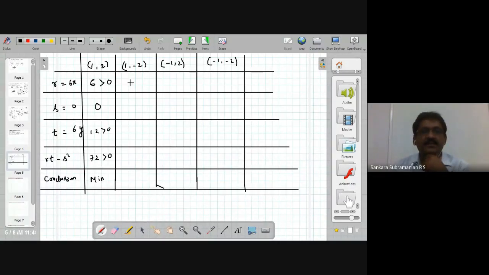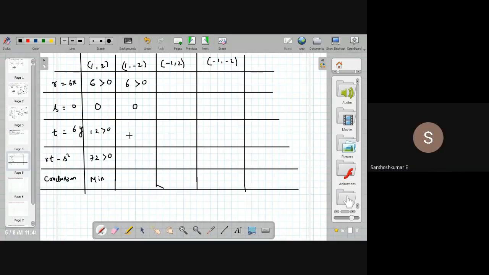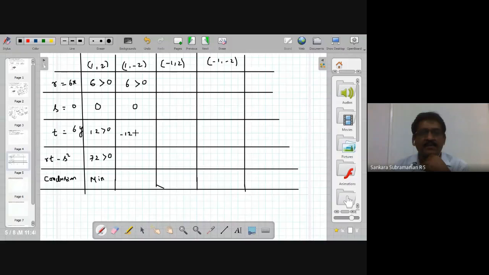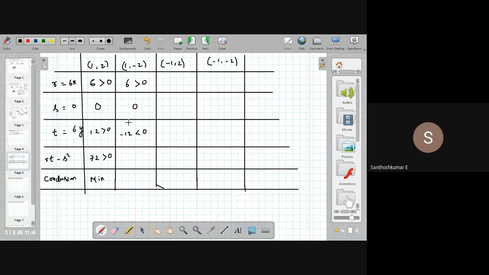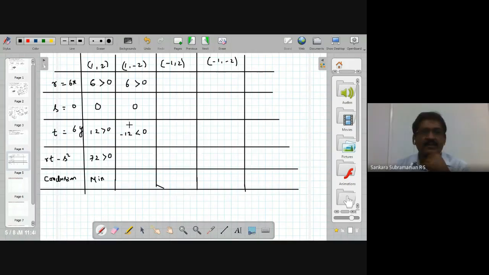Next, let us go with the second point, 1, minus 2. Here also, you will get R as 6, greater than 0. S is always 0, whatever the point may be. And T is minus 12, which is less than 0. Now let me find RT minus S square. R into T is minus 72, which is less than 0.